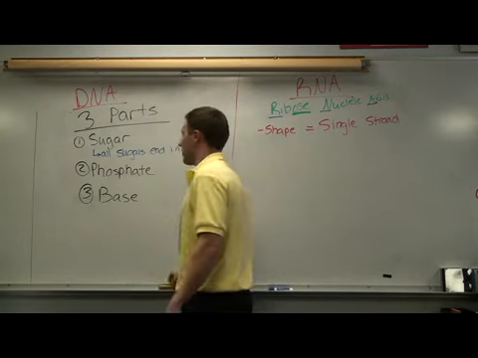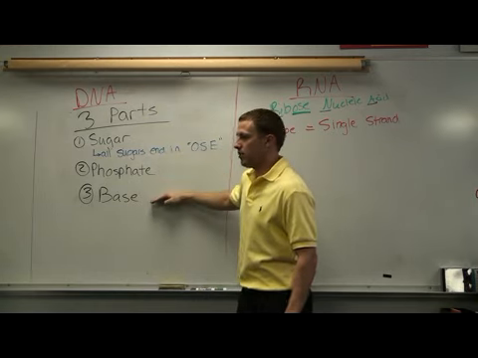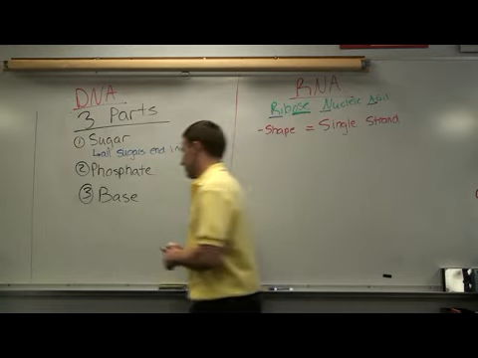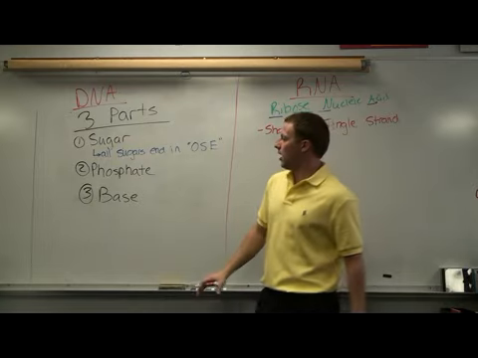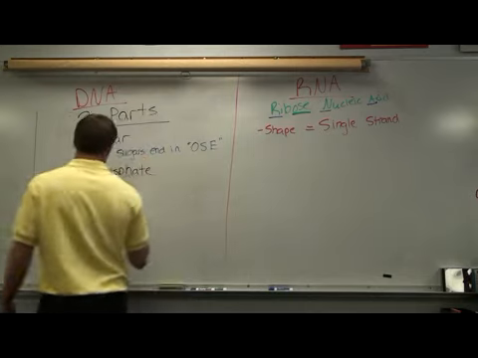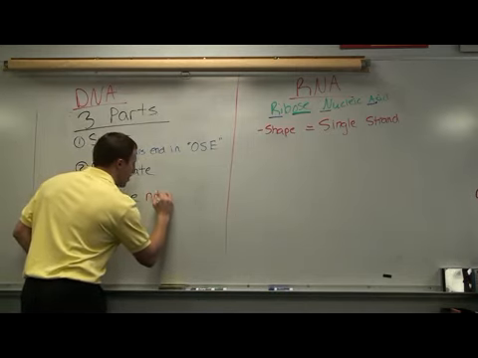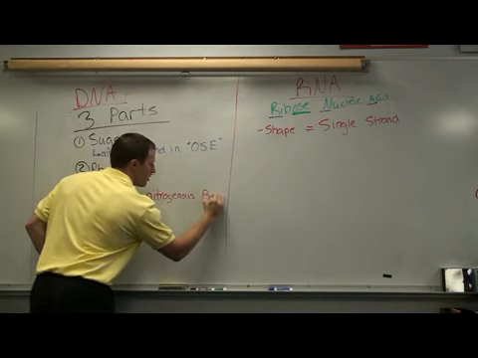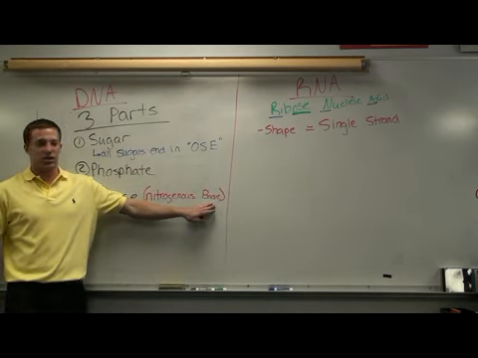Now, I'm going to erase this again just so I have some room. Now, the phosphate. What are the three parts of DNA? Sugar, phosphate, and a base. Awesome. Now, there's nothing we really need to know too much about phosphate, other than it's part of DNA. The next thing is the bases. Sometimes you'll see them called a nitrogenous base, but it's still just a base.